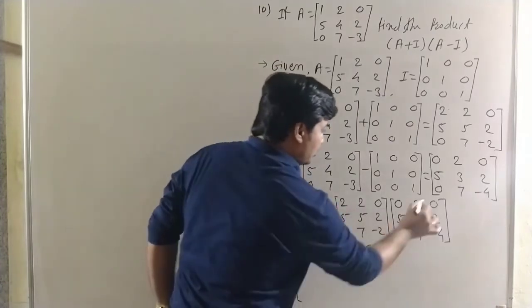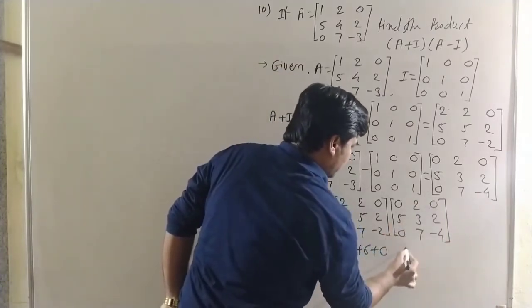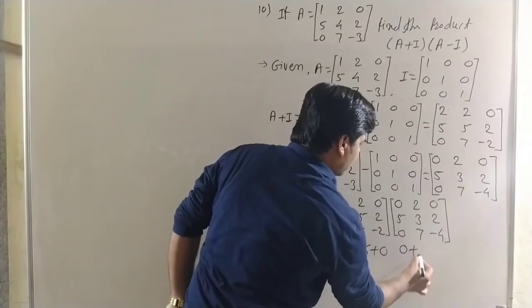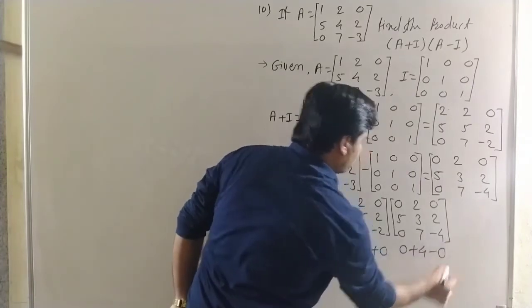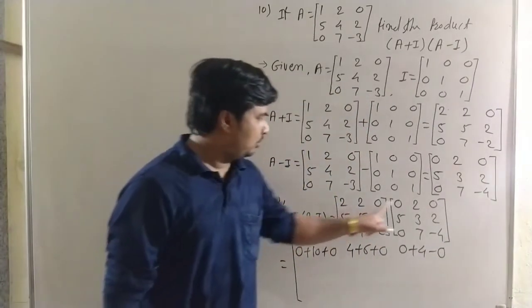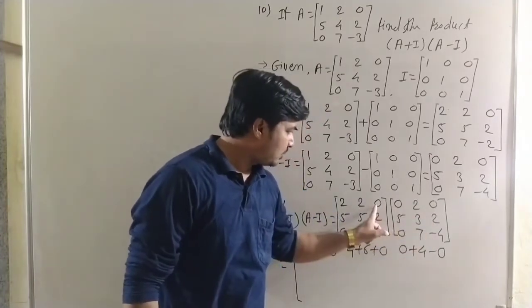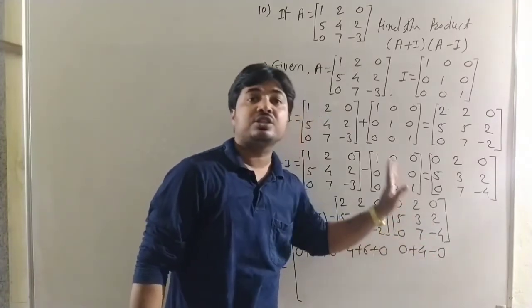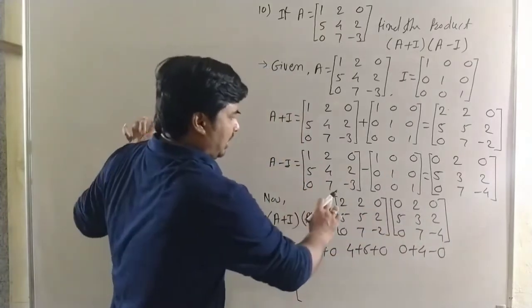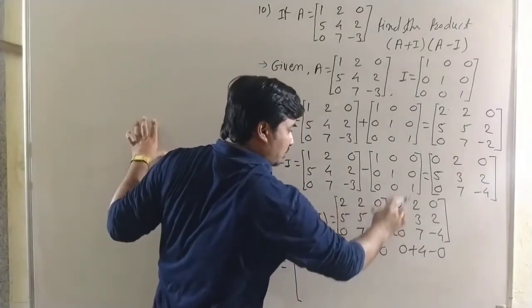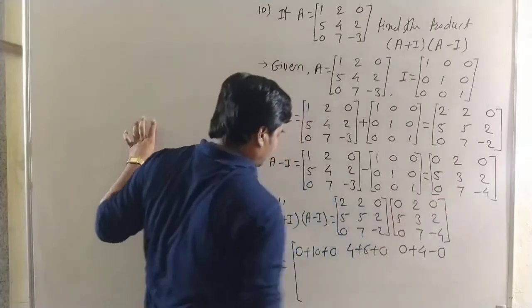Now first row, third column: 2 into 0 is 0, 2 into 2 is 4, and 0 into minus 4 is 0. Now we have multiplied the first row by all columns of the second matrix.